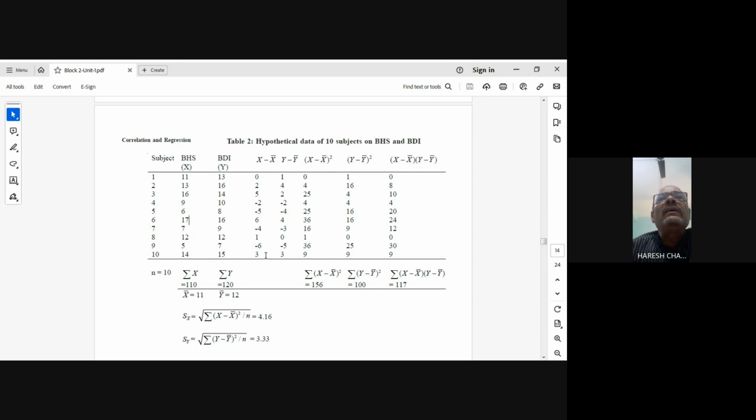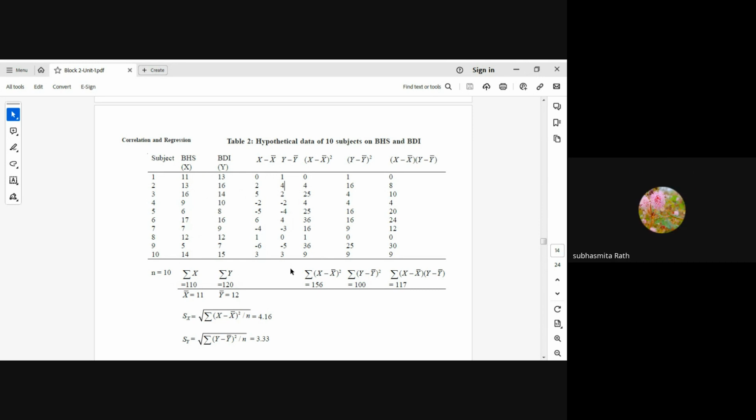This column is x minus x mean. Similarly, this column is y minus y mean. Y mean is 12. Now, 13 minus 12, 1, 16 minus 12, 4, 10 minus 12, minus 2, 14 minus 12, 2, 10 minus 12, minus 2, like that. This column you got. Any problem up to this?